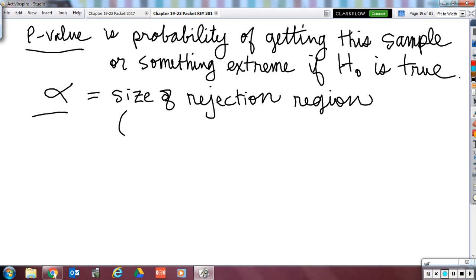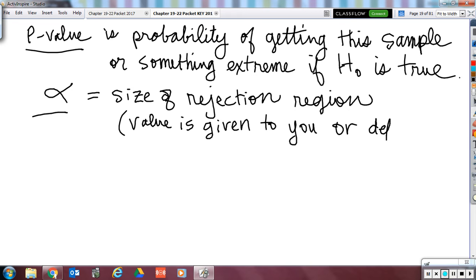This value is given to you, or you default to 0.05. So that's the size of the rejection region.